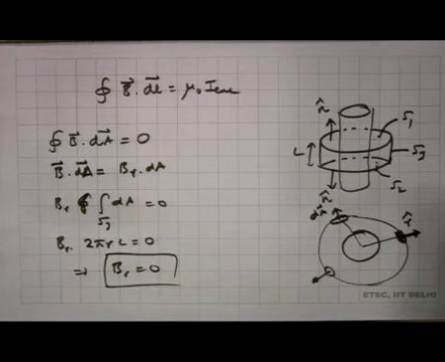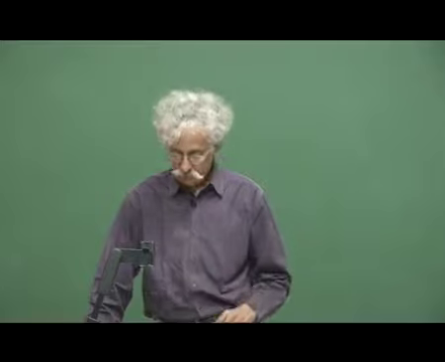There can be no radial component of the magnetic field. Magnetic field cannot have a component pointing away from the solenoid. So, I have used Gauss's law for magnetic fields to show that magnetic field cannot have a radial component for the solenoid. Please remember, I am calculating the magnetic field for an infinitely long, very closely wound solenoid.